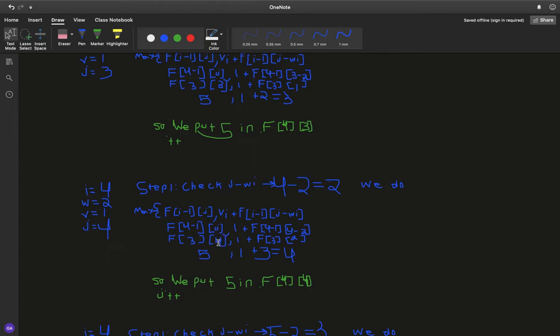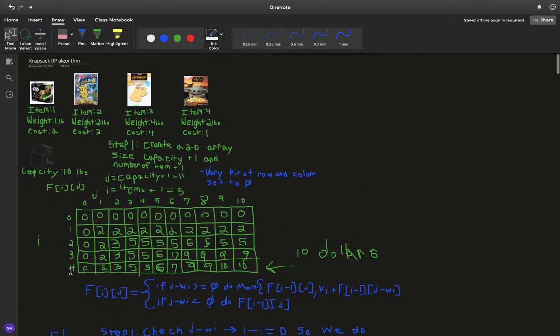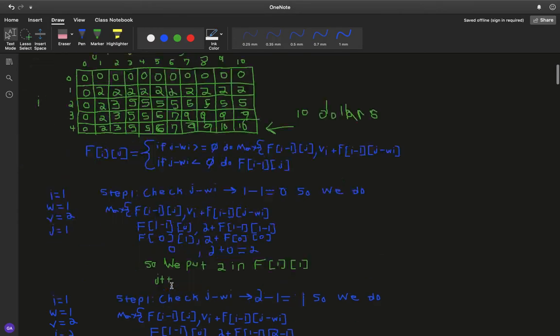And j is the only thing changing. So we check f sub 3 of 4, which is 5, and then f sub 3 of 2, which is 3. And yet again, 1 plus 3 is 4, but 5 is greater than 4, so we put 5 in f sub 4 of 4. So you can see up here f sub 4 of 4 is 5.